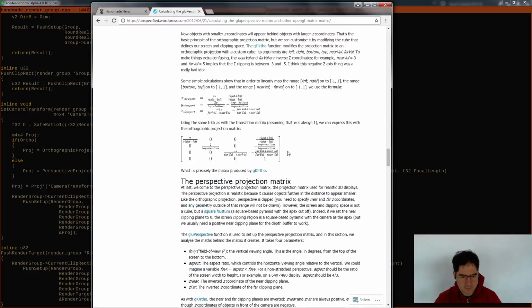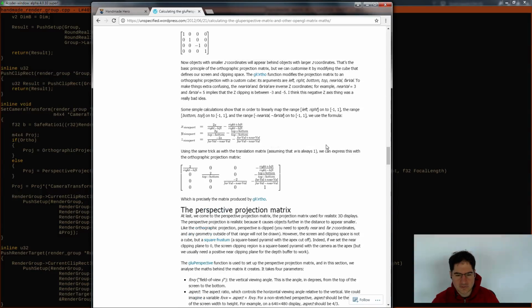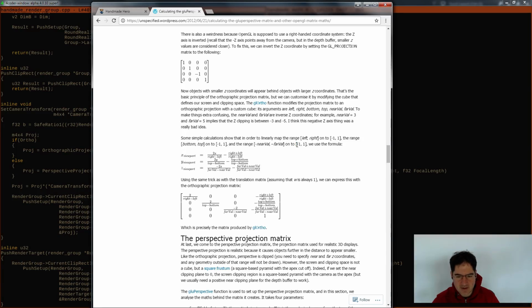Here it is. So I don't remember what OpenGL wants in terms of the depth values, but I assume it wants -1 to 1. Yeah. Like I said, I thought it was -1 to 1 everywhere, but I wasn't sure. So I guess it is in fact -1 to 1 everywhere.